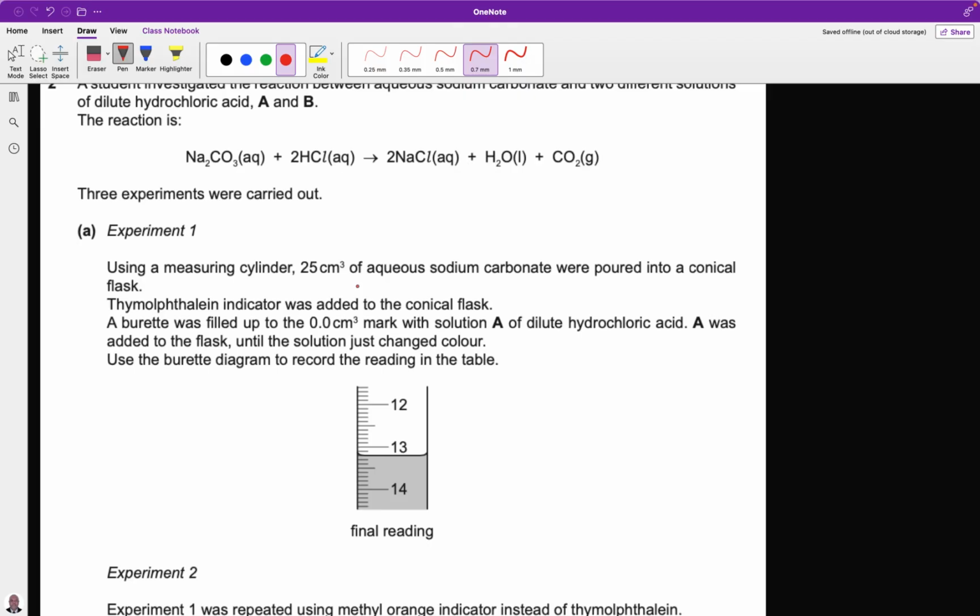A burette was filled up to the 0.0 cm3 mark with solution A of dilute hydrochloric acid. A was added to the flask until the solution just changed color. That was the end point. Use the burette diagram to record the reading in the table.